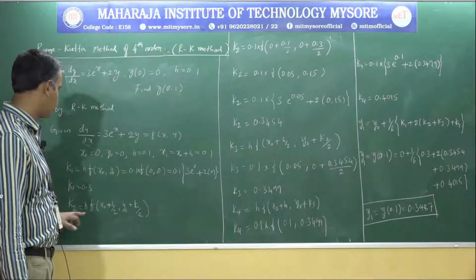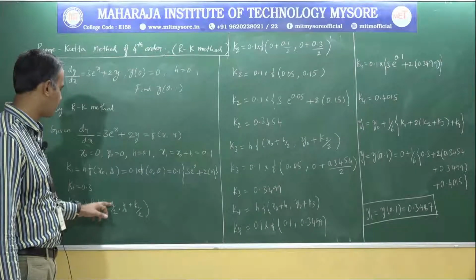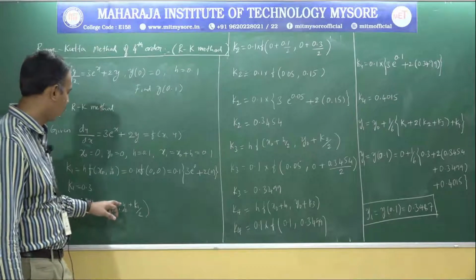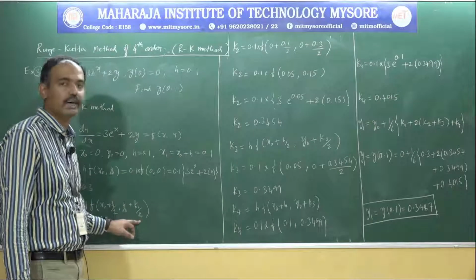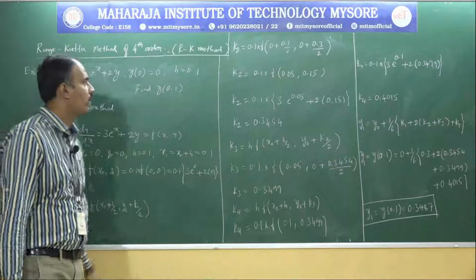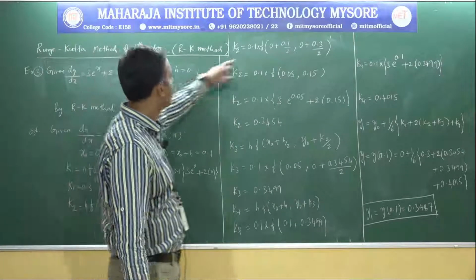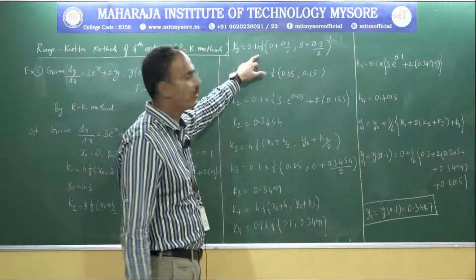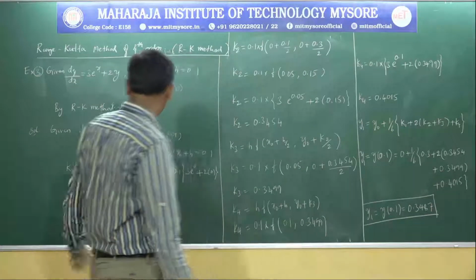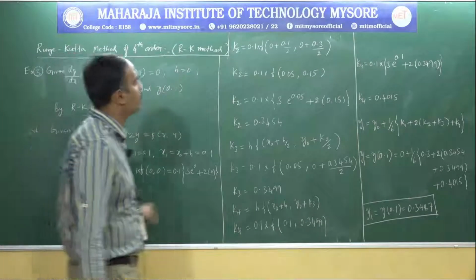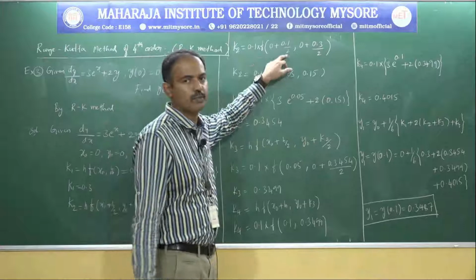Now the next one, k2, is h into f of x naught plus h by 2, comma y naught plus k1 by 2. So k2 is equal to 0.1 into f of x naught plus h by 2, 0 plus 0.1 by 2.